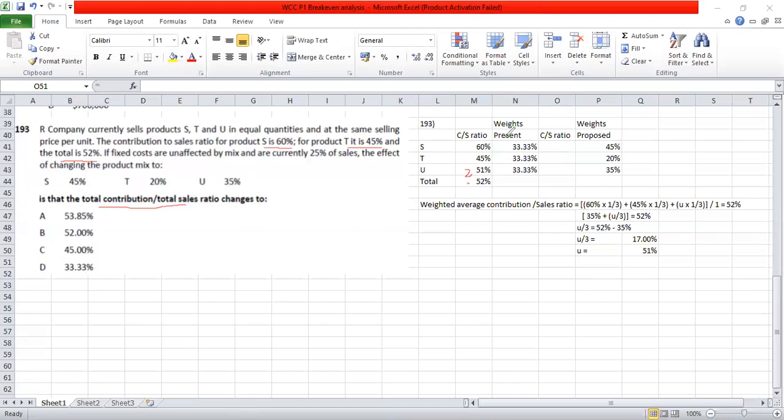Now, the contribution to sales ratio would be the same. Here we have 60%, then 45%, then 51%. In that case, what is the weighted average contribution by sales for the proposed one? The same way we would present it and calculate it.